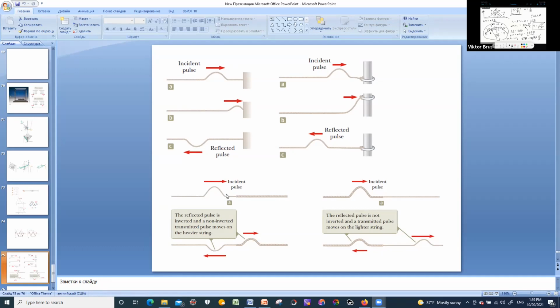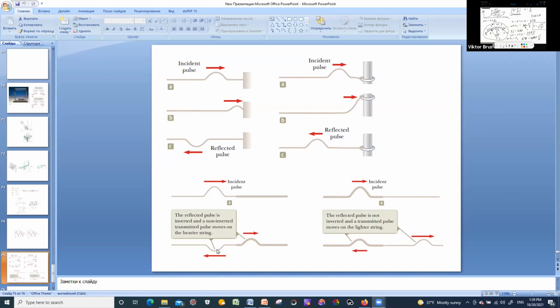If the incident pulse is approaching the interface from the side of the same string, meaning from the side of that medium where the speed of propagation of this pulse is higher than in the second medium after passing this interface, then we have reflected and transmitted waves.